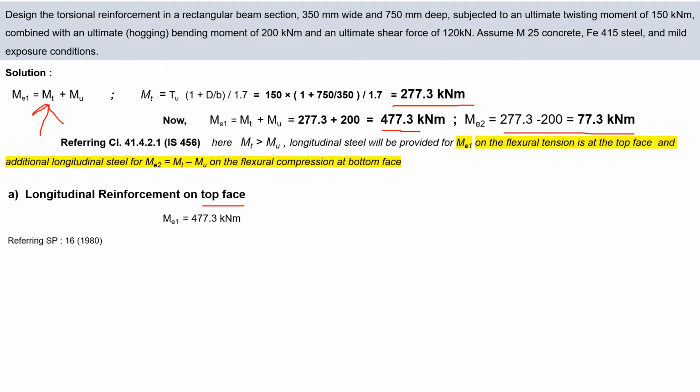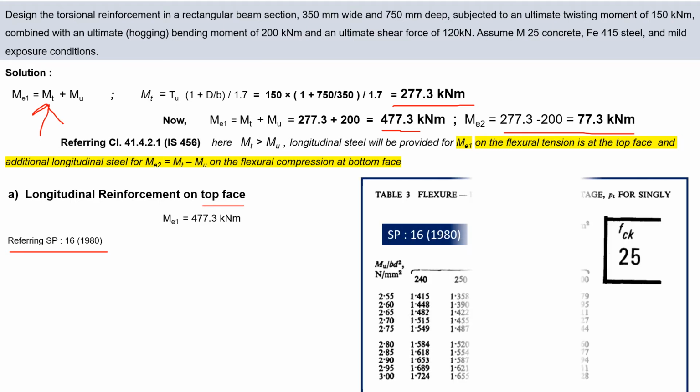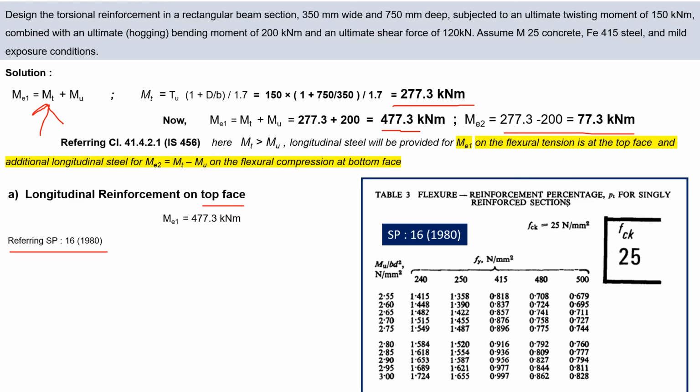Now here we are referring to SP16. These SP16 special publications are very helpful in designing, and they make the design problem very easy. So the SP16 1980 version we are going to refer to here. This is the snapshot of the SP16.